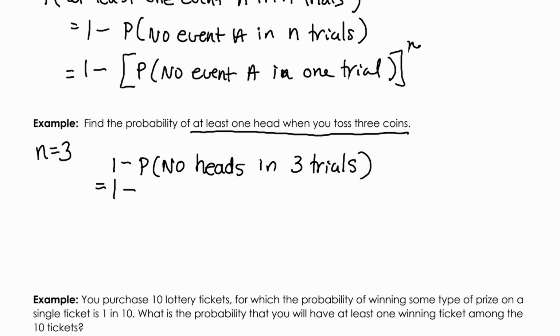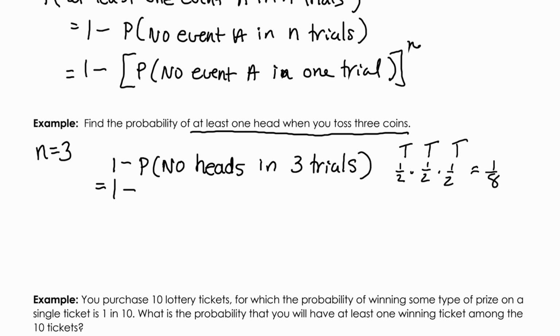If I get no heads in 3 trials, that means I'm going to get all 3 tails. So I'm going to get tails, and tails, and then tails. That would give me no heads in 3 trials. Well, I have a 1/2 chance of getting tails the first time. Then I have a 1/2 chance of getting tails the second time.